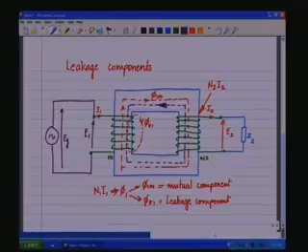There is an opposing flux due to N2 I2. Now, this flux we call phi 2m due to N2 I2. But phi 2m is the flux that flows through the core, and links with the primary also.